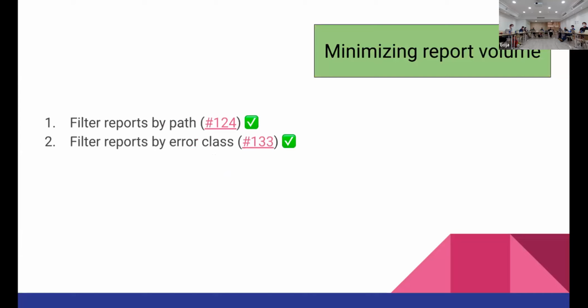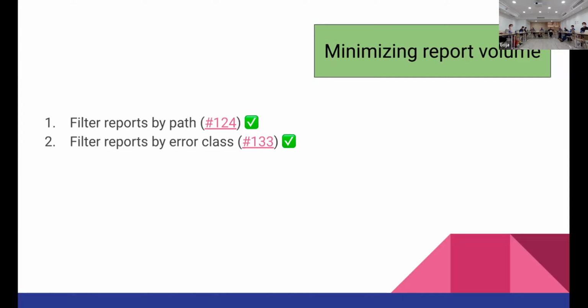There are 2 outstanding issues about minimizing report volume, and I believe we've talked about both of these and have decided they're probably good. We should settle on syntax for it. One is filtering reports, so either reducing the sampling volume or changing the report endpoint for different errors, depending on the path that the user was trying to connect to.